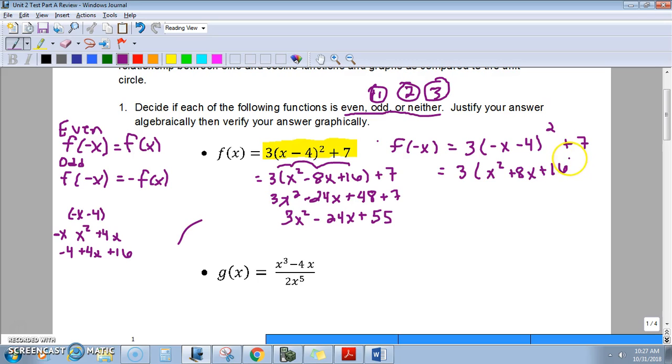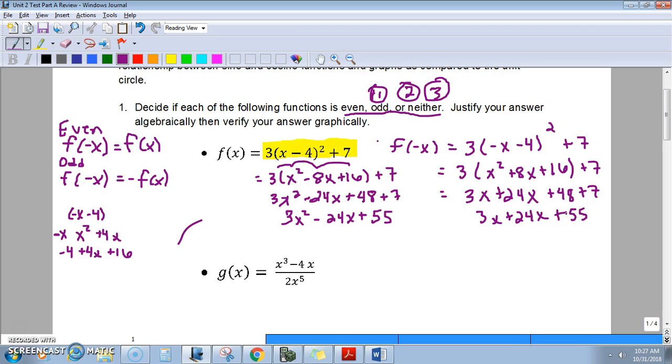So I can already tell we're going to get different values here, but let's go ahead and finish it off. Distribute the 3, so I get 3x squared plus 24x plus 48 plus 7, so 3x squared plus 24x plus 55.